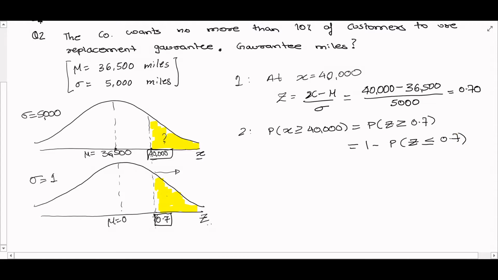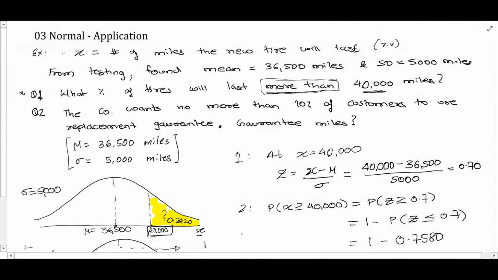So the entire probability space is 1, and then you exclude this area to the left, and you get the area to the right, and that is nothing but the area to the right of 40,000. The area to the left of 0.7 is 0.7580, and that gives you 0.2420.